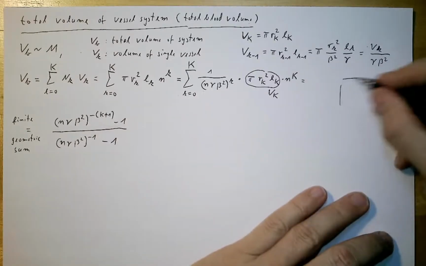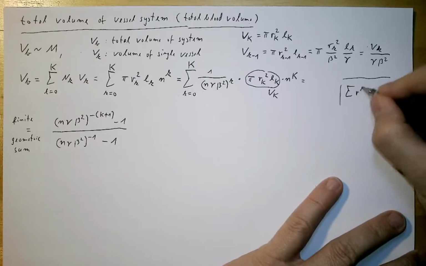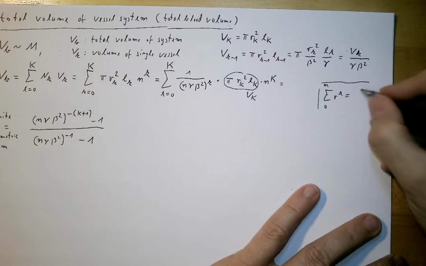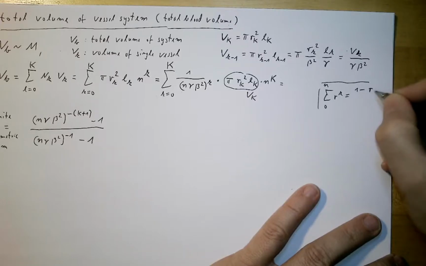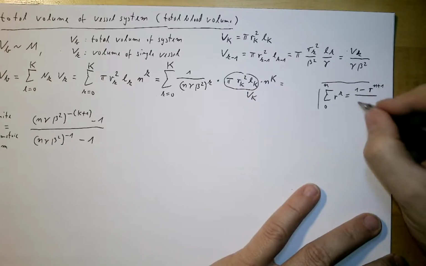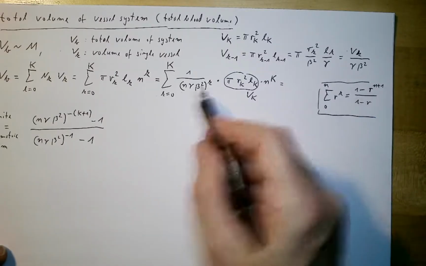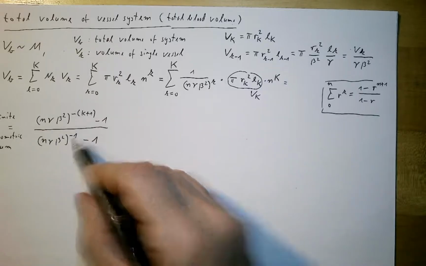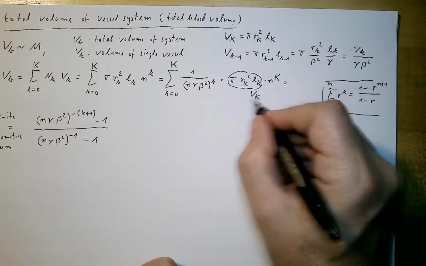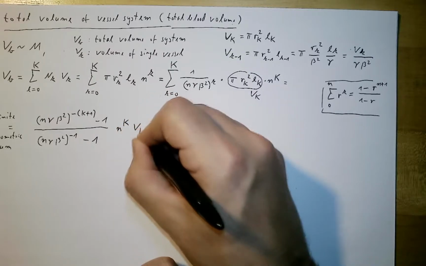If you remember, the geometric series, the sum of r to the power k from 0 to n, equals 1 minus r to the n plus 1, divided by 1 minus r. That's this geometric series which I plugged in here, which gives this. So we have got rid of the sum, and we still have the volume k times n^k. So we have n to the power k times the volume k.